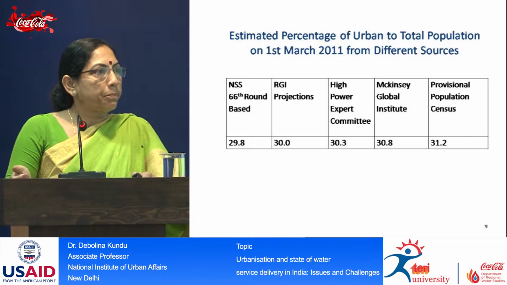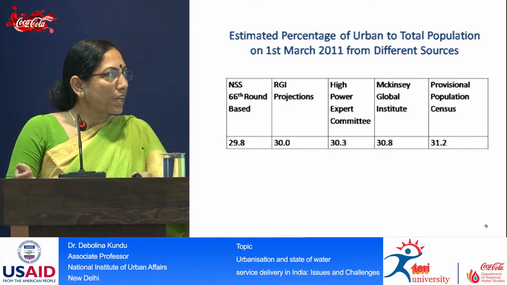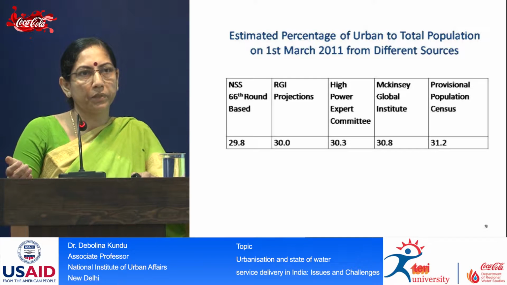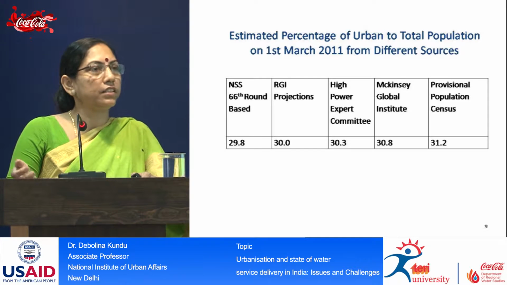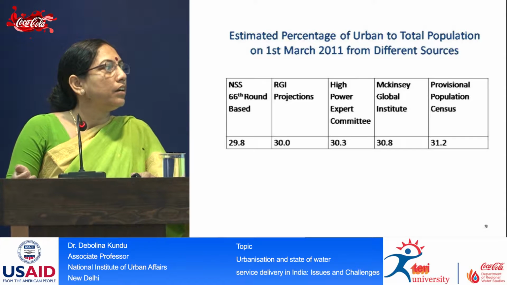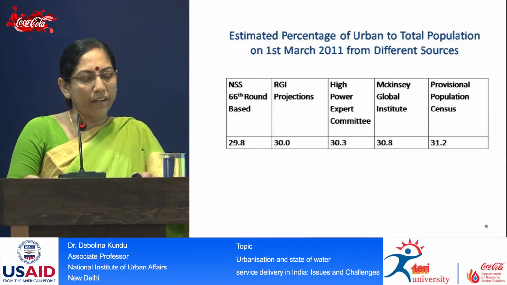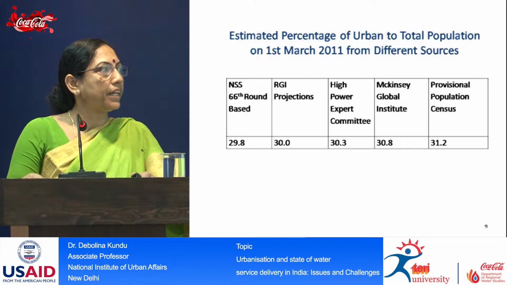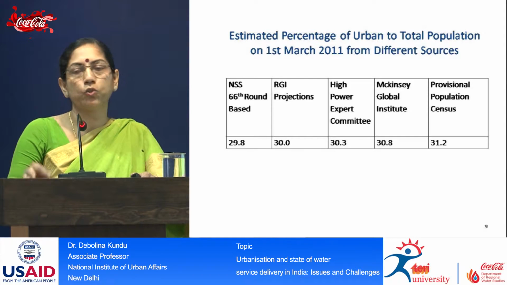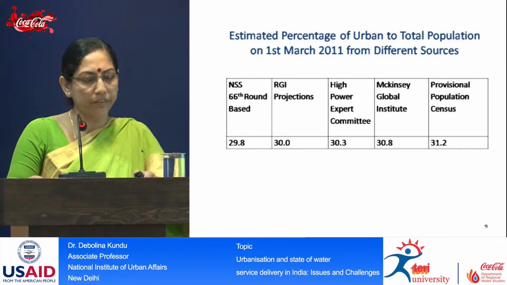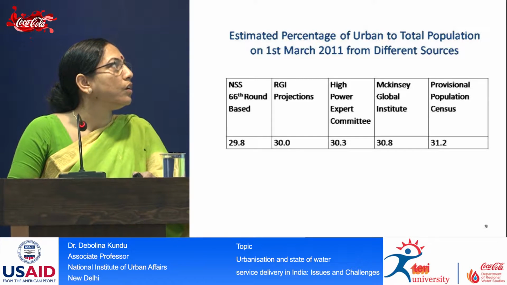Just prior to the release of the 2011 census reports, various committees and agencies estimated the urban population at around 30%, and we found the Indian level of urbanization to be 31.2%, basically because of the growth of census towns.